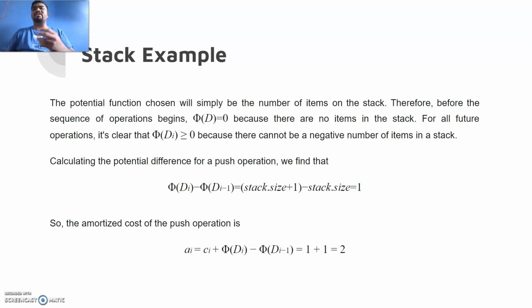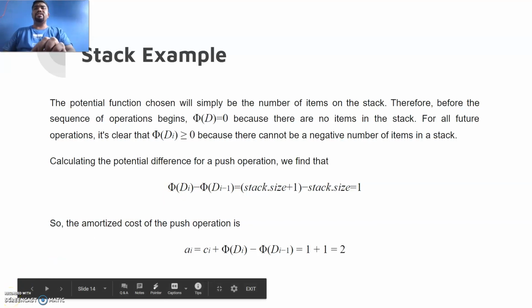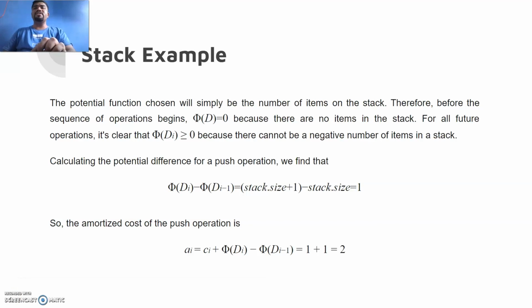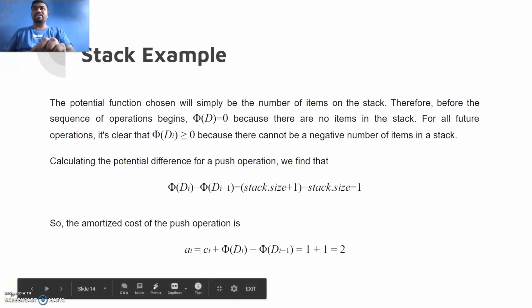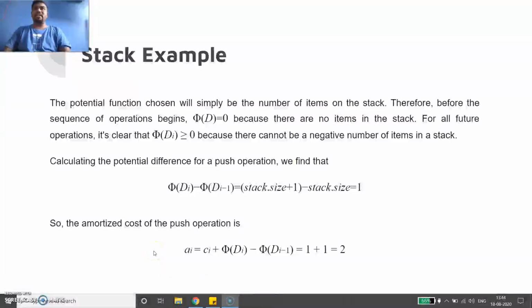Suppose I'm talking about a stack which has 15 elements. Previously it would be 15, but after the push operation it would be 16. So finally the potential difference is going to be 1 between the two states, since 16 minus 15 is 1.